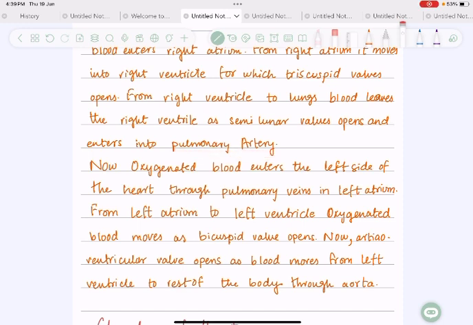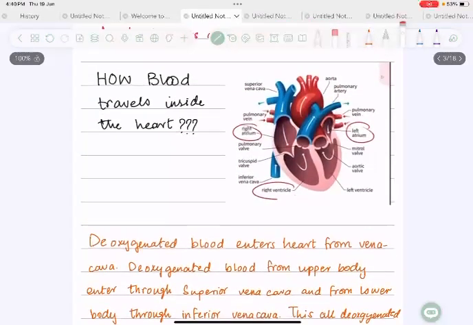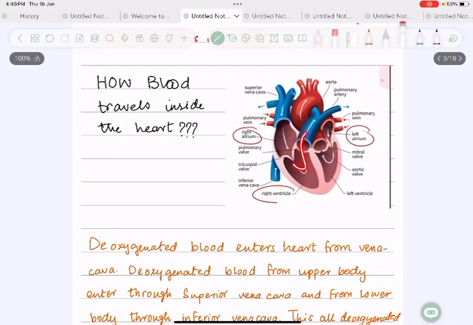You can remember the pulmonary artery takes the deoxygenated blood from the heart to the lungs, and A for artery, A for away. So artery means away from the heart. This way the blood goes out of the heart through the pulmonary artery to the lungs.